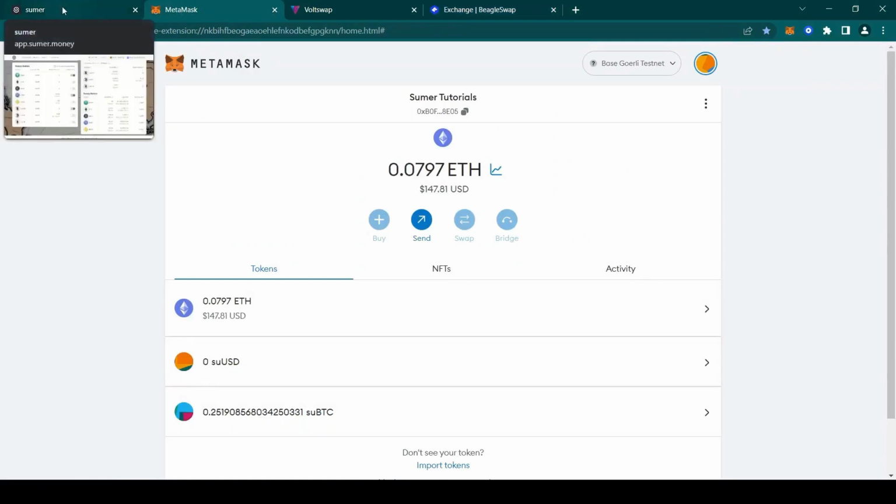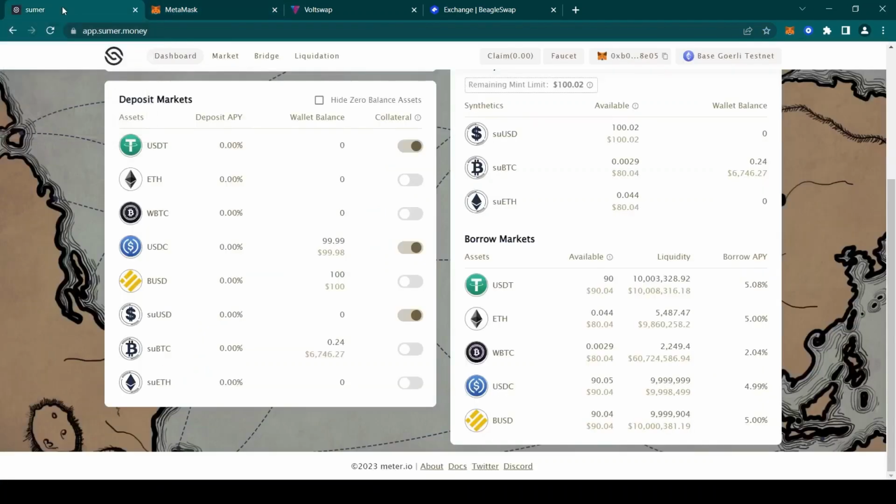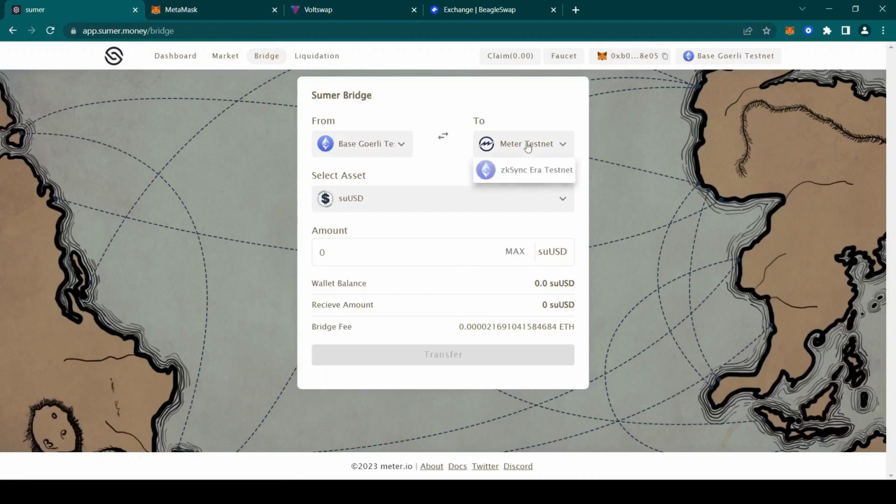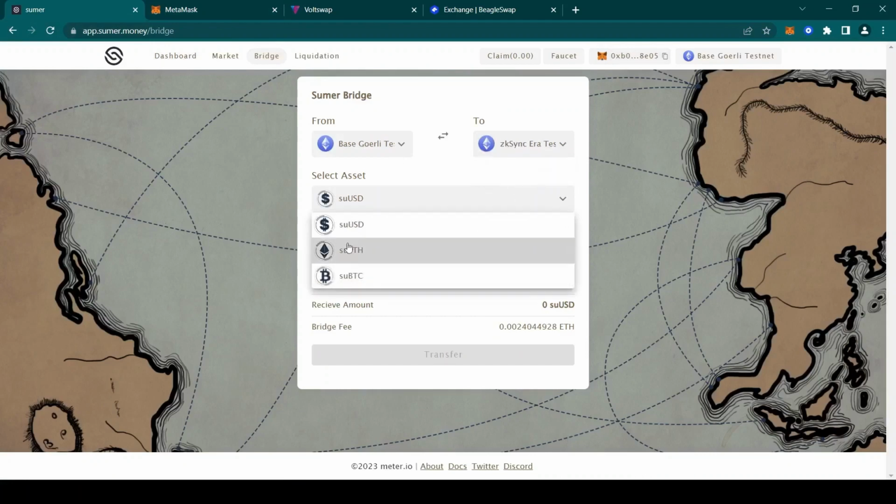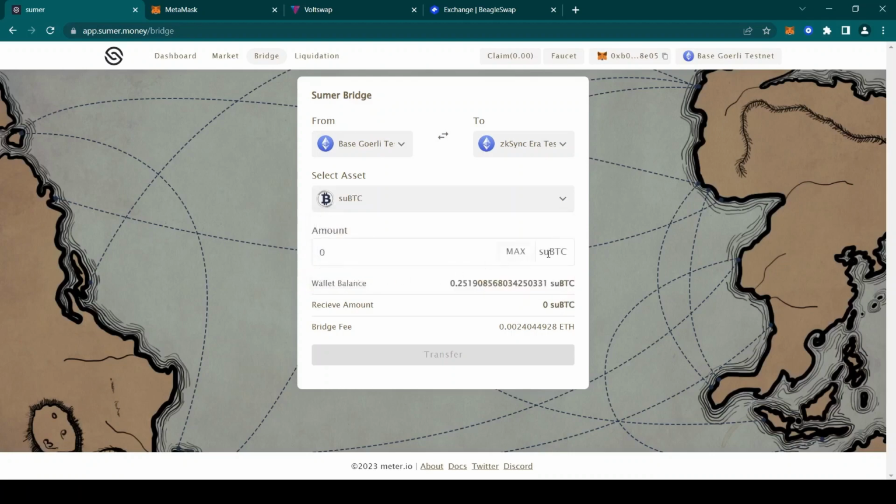We will transfer this SuBTC back to zkSync network and withdraw our native BTC that we initially supplied. We have now received the SuBTC on the zkSync Era testnet from the Base testnet.